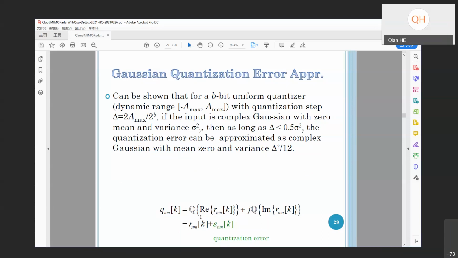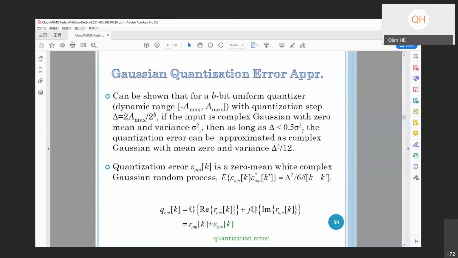Because your input signal is what you received at the local sensor. It is also a noisy version. So as long as your quantization step is small enough, it turns out the distribution of the quantization error can be predicted. So it's nothing but the quantization step squared over 12.